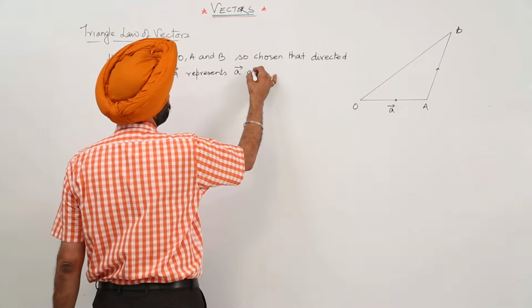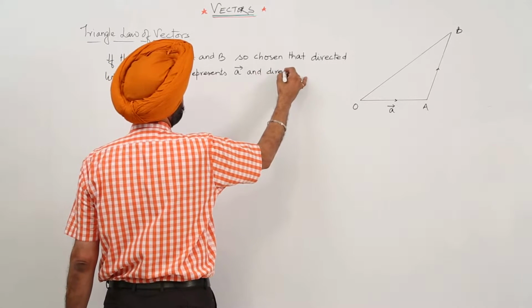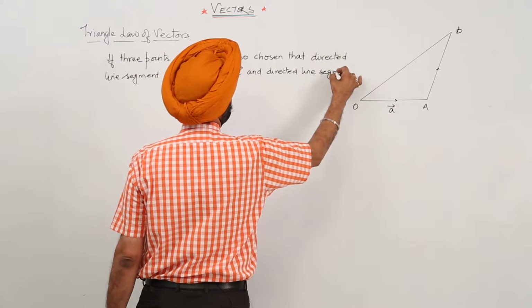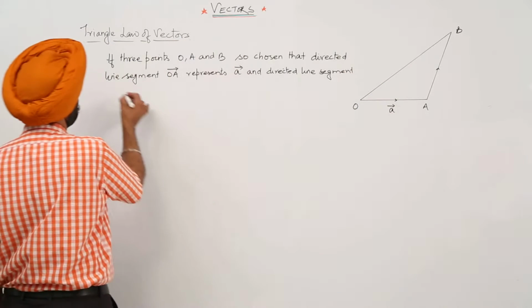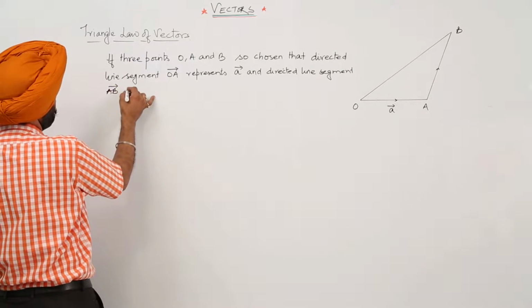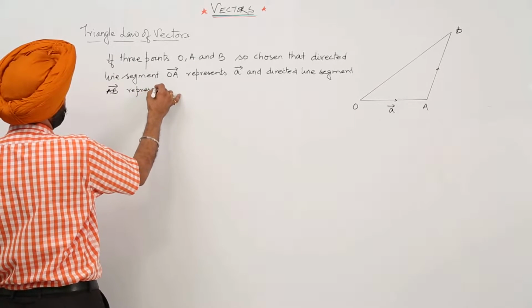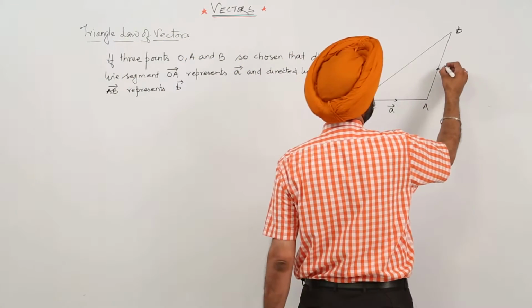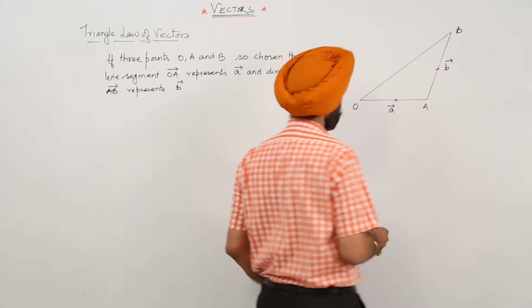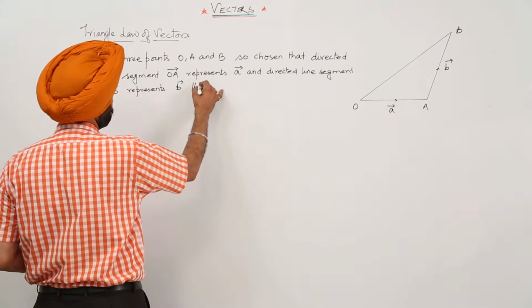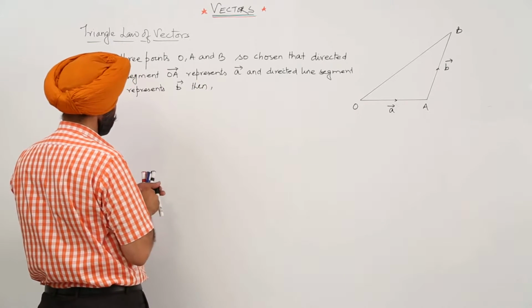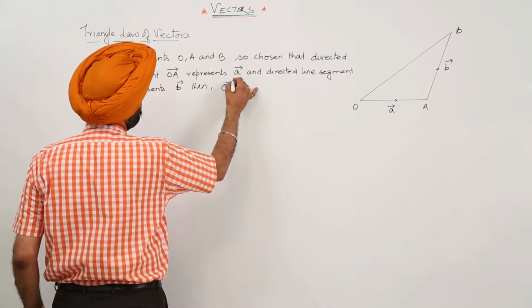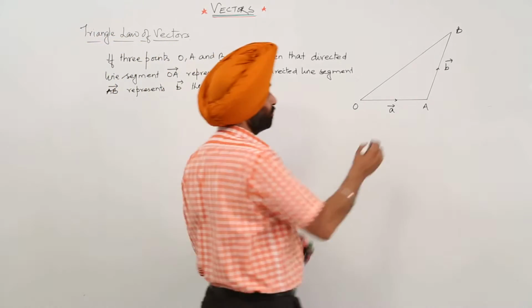and directed line segment AB represents vector B. Then vector OB from O to B, now this part.